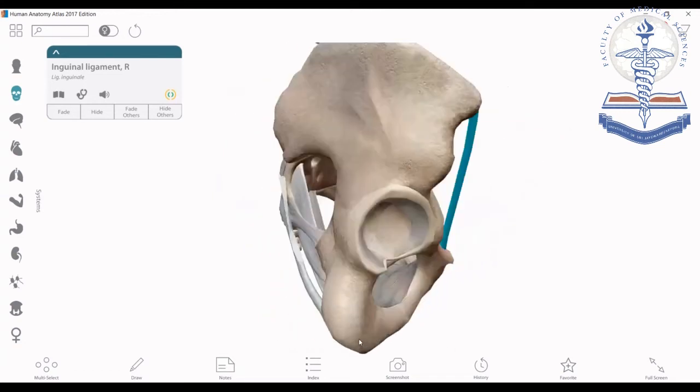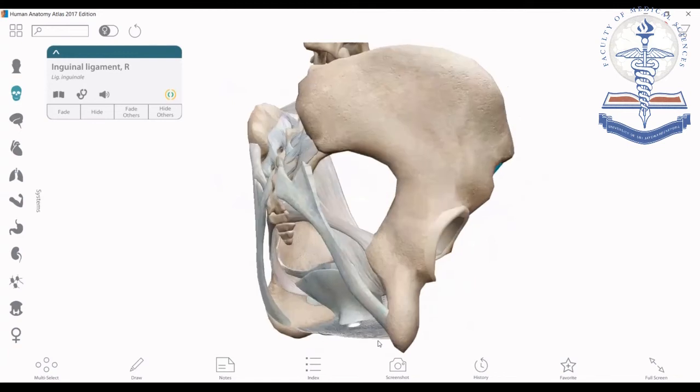When we are moving to the posterior aspect of the hip bone, here we will find the lesser sciatic notch. Then we will move upward where we will find the ischial spine. Again, the ischial spine is very important for the obstetric examination as well as for procedures such as pudendal block.